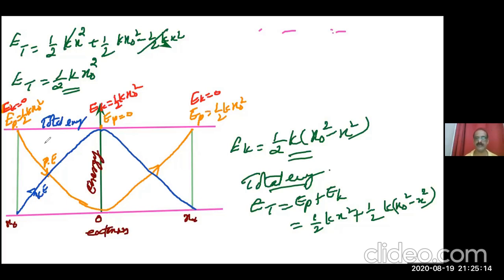This is the graph. The blue line is kinetic energy.